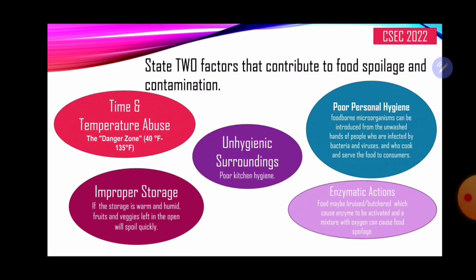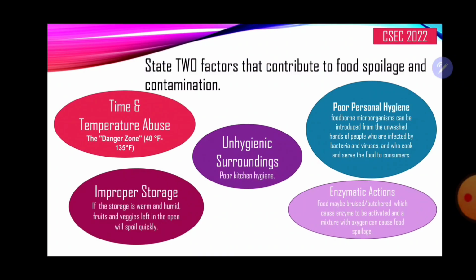Very, very important, because if bacteria or viruses are on our hands, you're not able to see them with the naked eye. So it's very important for us to wash our hands often because they touch a lot of places. Good. And next factor is enzymatic actions.